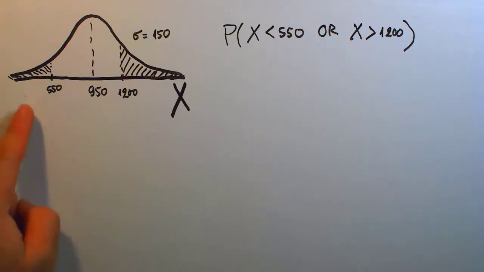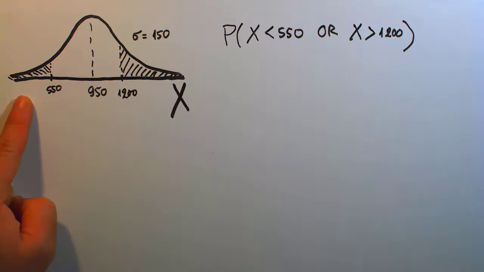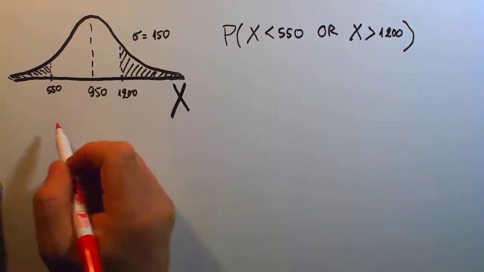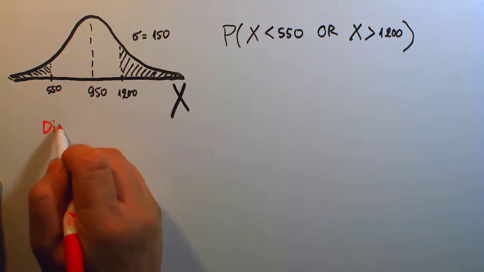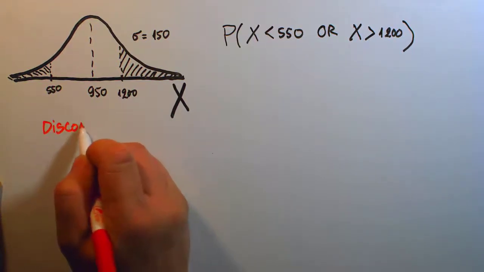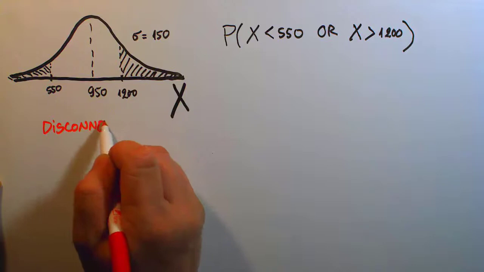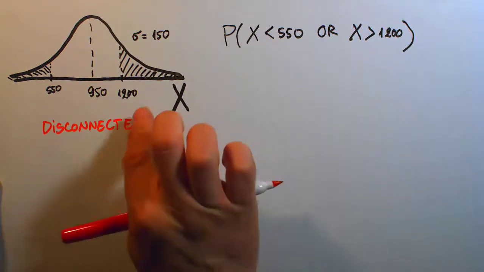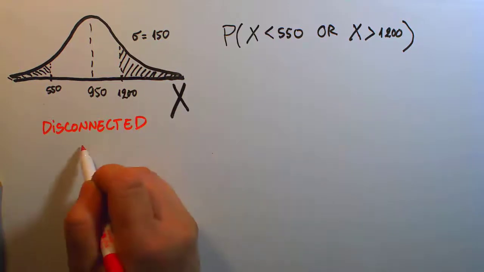And so if you recall from those video lessons on the standard normal distribution that we have done earlier, then area is being broken up like this, and I tend to call them the disconnected areas.